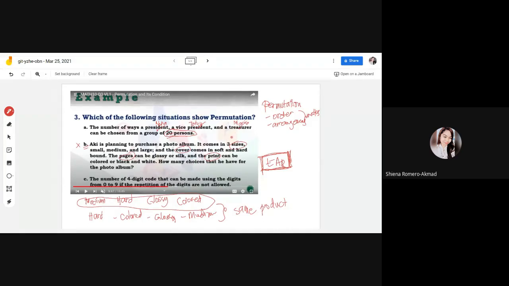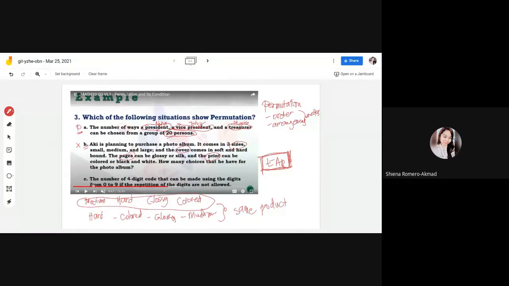Yun yung ibig kong sabihin, that order matters, arrangement matters when it comes to permutation. So we can say that's because there are positions given, and if you choose different person for that position, it will give you a different arrangement. Letter A is a permutation. Okay, is an example of a situation that shows permutation.